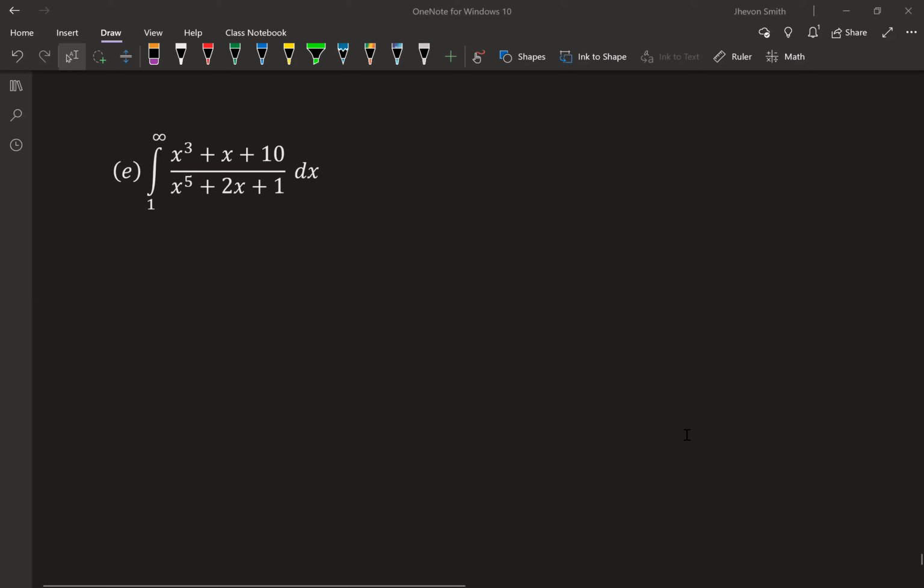You would probably have to use basic integration rules, that's what I'm assuming. Basic integration rules, like divide by each of them. Let's say x cubed over x to the fifth would be 1 over x squared, which is x to the negative 2. That's what, for example, like that.